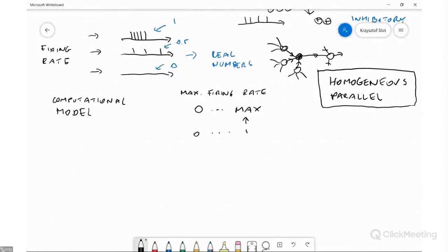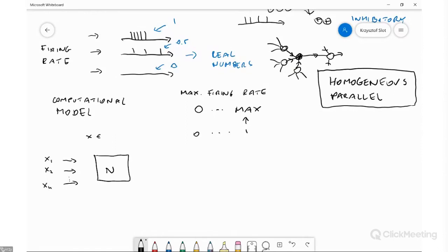So what we have is a unit. A neuron will be a unit, so this will be a neuron, and I will be providing this unit with information from other neurons, and this information will be real values from the range 0 to 1. So x1 will be a value generated by a neuron that is connected to the first input of this neuron. x2 will be a value that is connected to the second input of this neuron, and so forth.